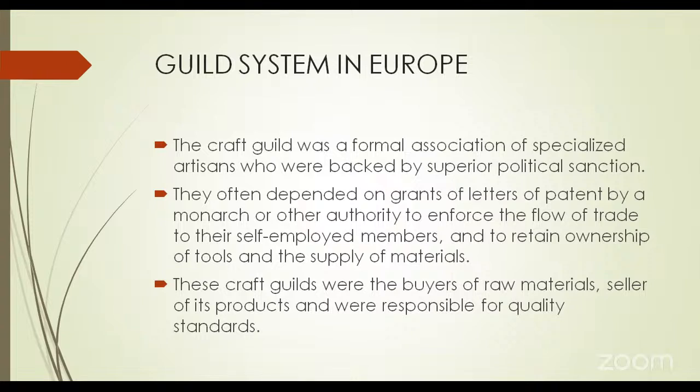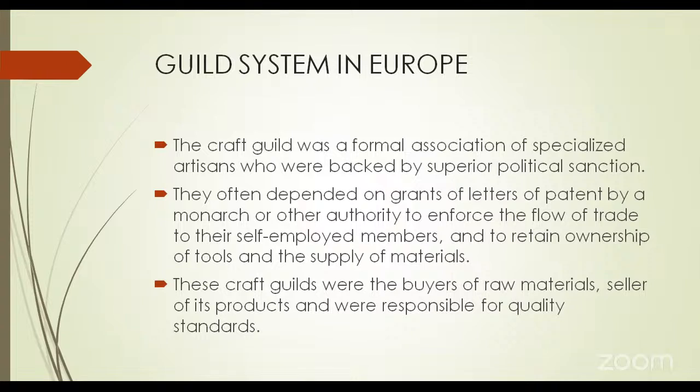But the associations are still there, they still lobby, they still try and curry favors from the politicians or the political system. These crafts were the buyers of raw materials, sellers of their products, with responsibility for quality standards.